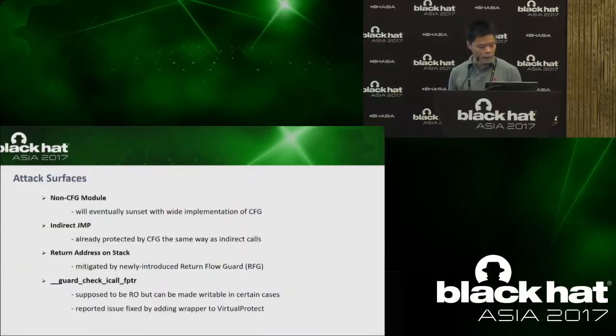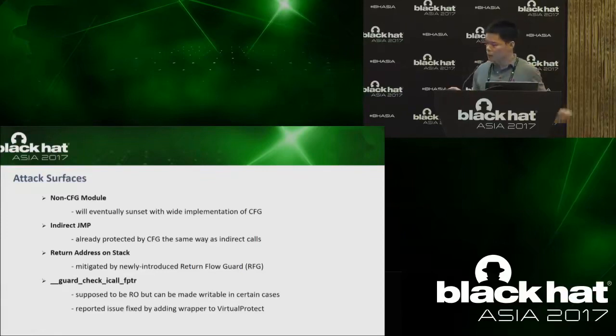We also listed an incomplete list of attack surfaces, and most of these have already been mitigated. For example, a non-CFG module: if loaded into the system, it becomes a weak spot that can eventually lead to CFG bypass. But we think this attack surface will eventually sunset with wide implementation of CFG.